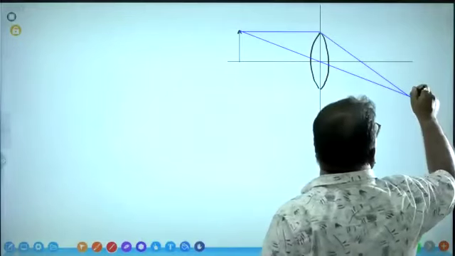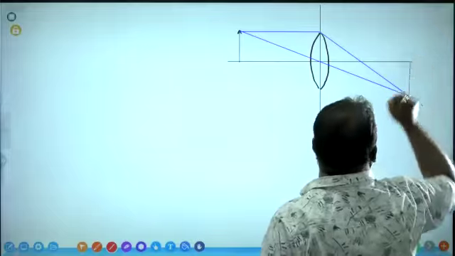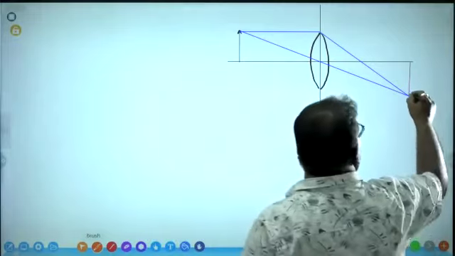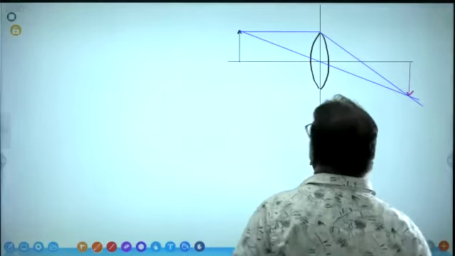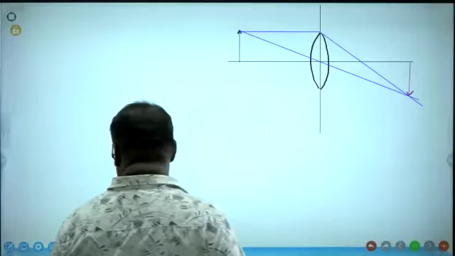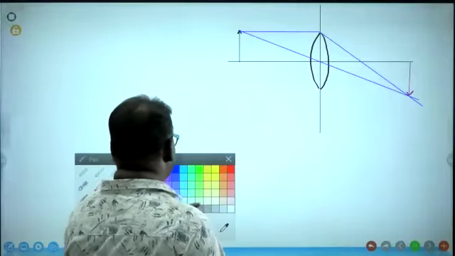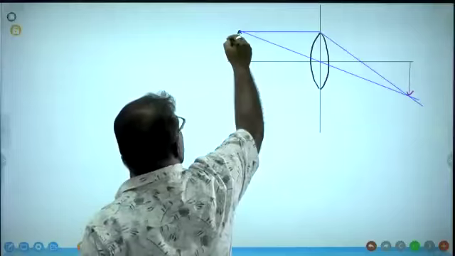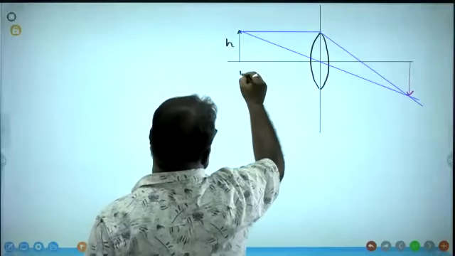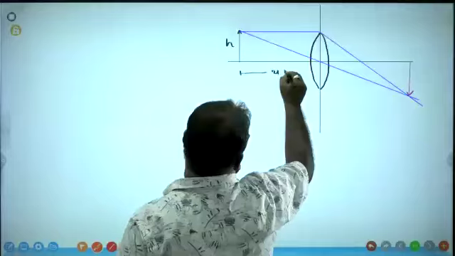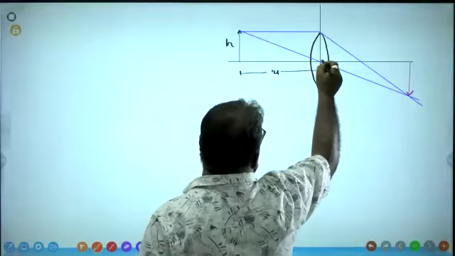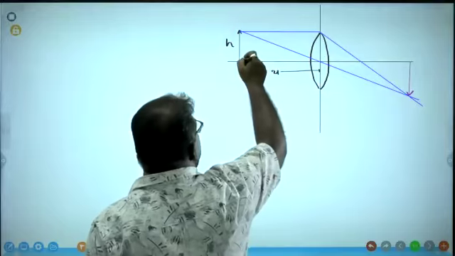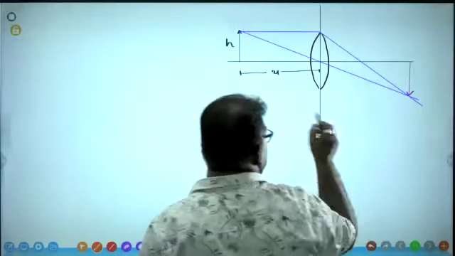Let's take another color. Let the height of the object be h. This is the object distance, between the object and the optical center.